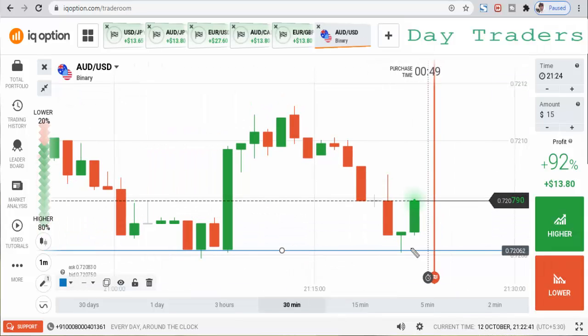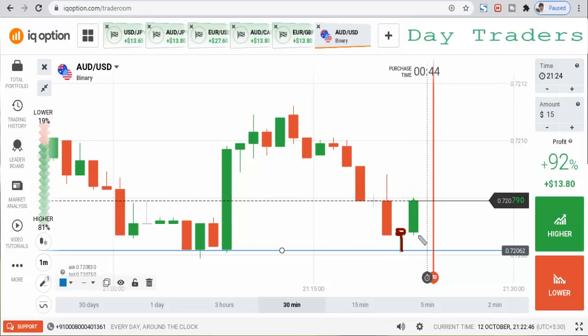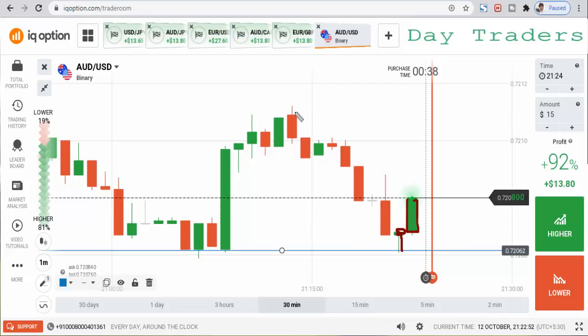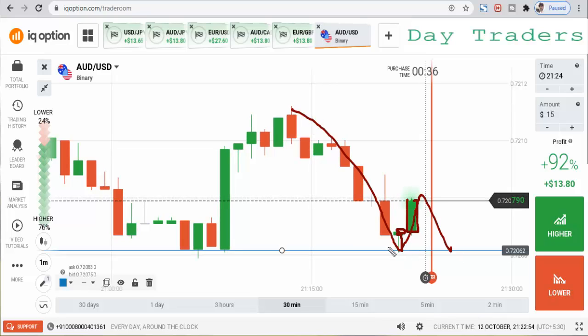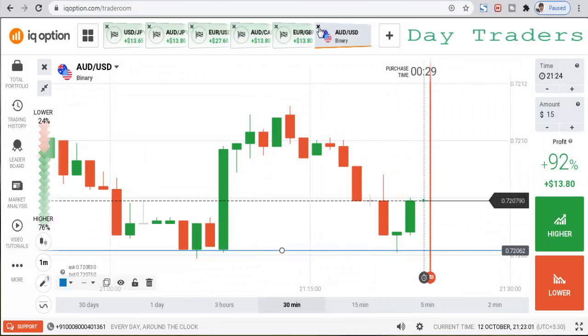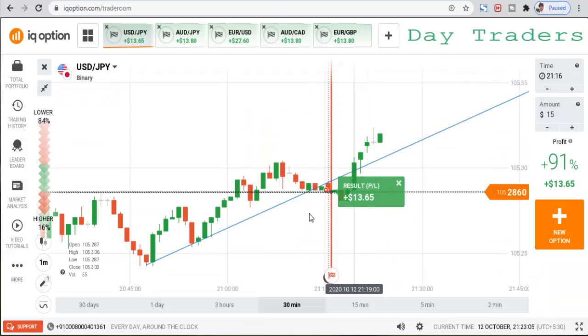But what happened is this is a hammer candle. After this buyer's entry, let's continue the downtrend. It's going up more. Okay, this is not a good chance, so I will avoid this trade. I'm not taking this risk.